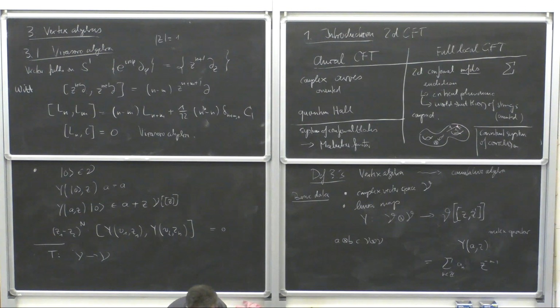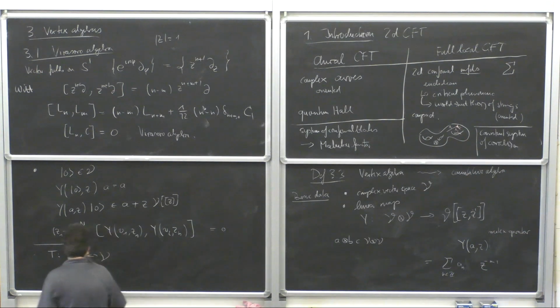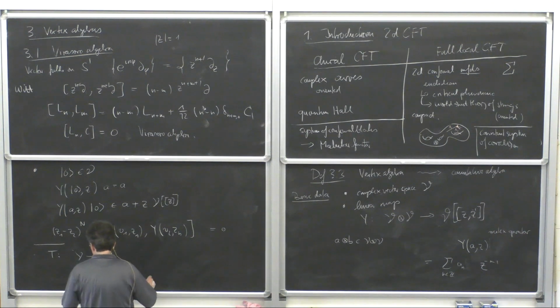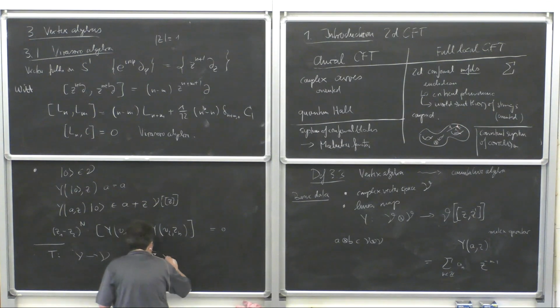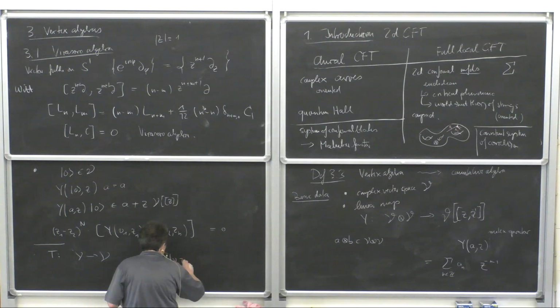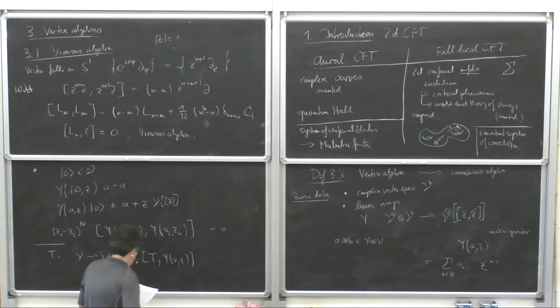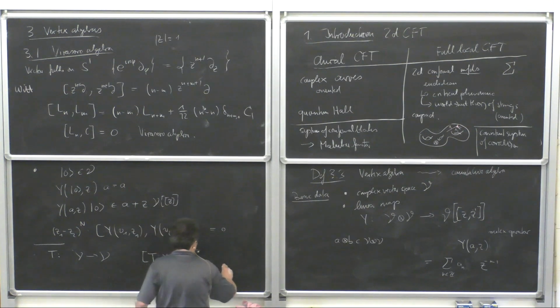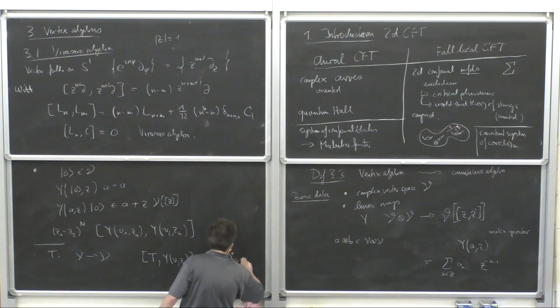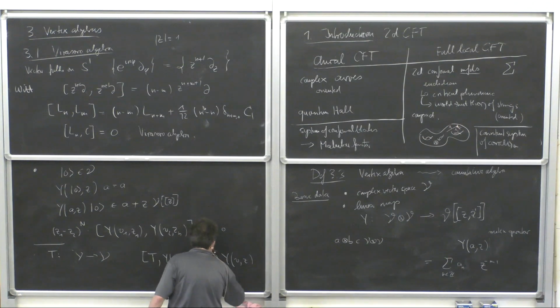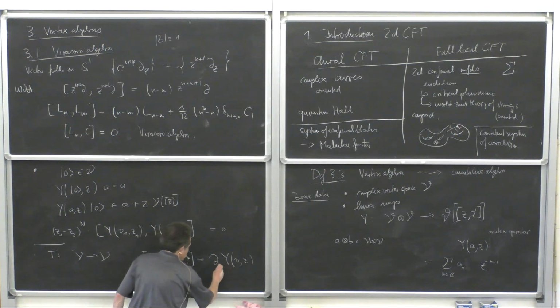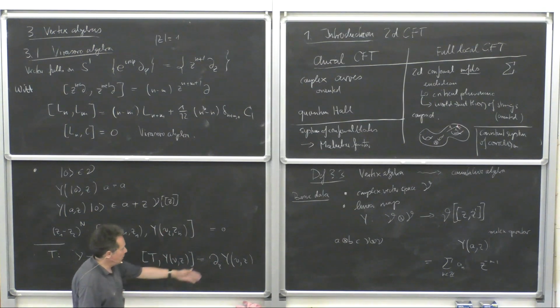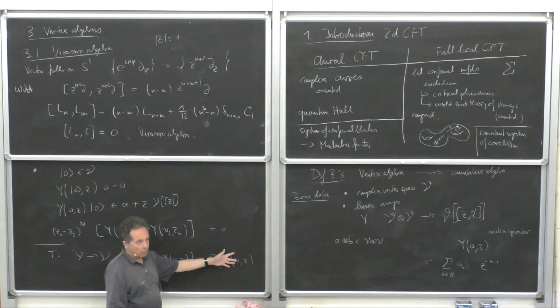Okay, so we want to define this, and we want to define this by saying that the commutator of T with V is, well, take this here and take formally a derivative with respect to Z. This gives you an expression where, remember, this was a collection of endomorphisms.